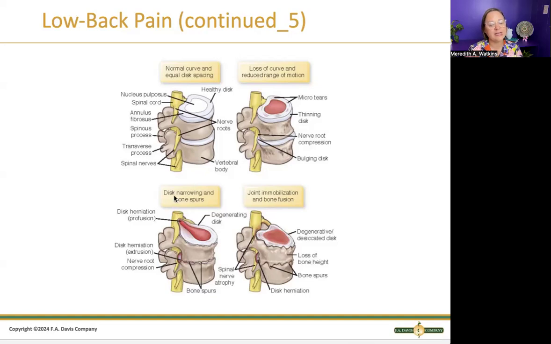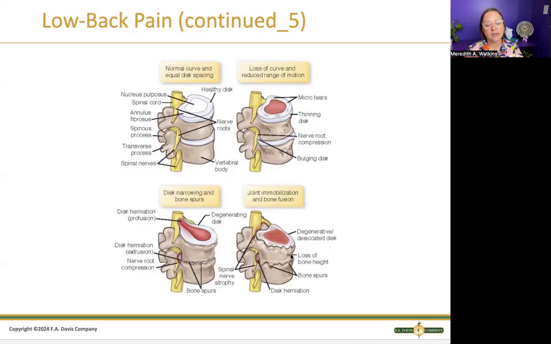So then you can see that as the discs narrow, bone spurs or little bony growths will start to grow, and that disc will herniate or extrude into the area of the spinal cord, causing additional compression on that nerve root. And then eventually that can cause spinal nerve atrophy, where the nerve itself is impinged so much that it's no longer working very well and shrinks in size.